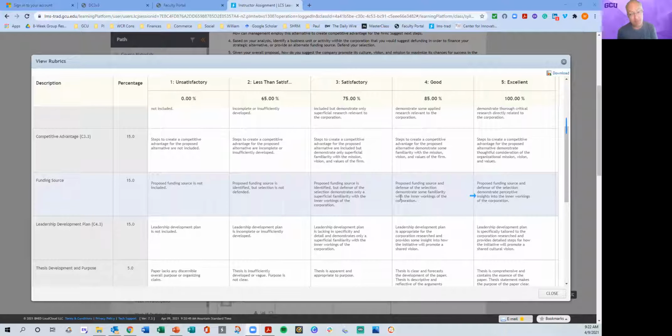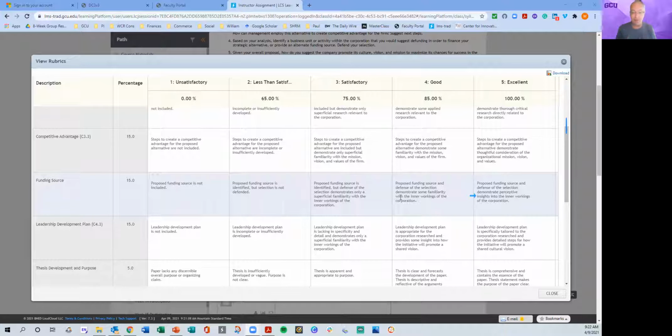That may be an option, and if you can support that with real data, why it would be a better option for the organization, not just your opinion, but real data, you can present that. But I also want you to look at how this organization typically raises funding for its initiatives, for its financial needs.